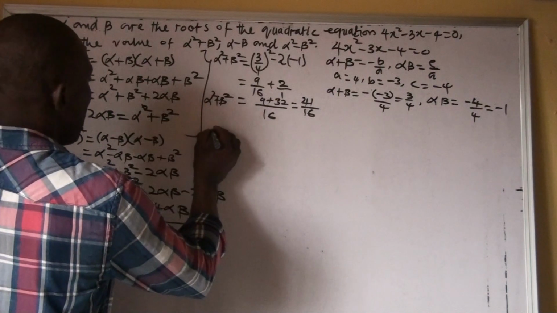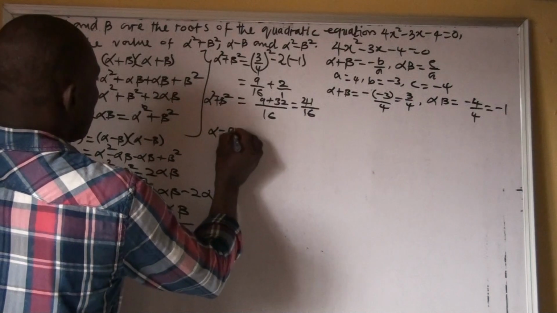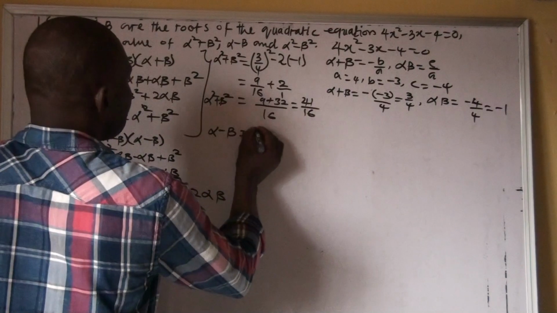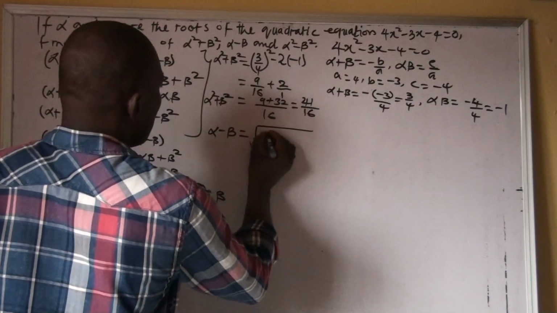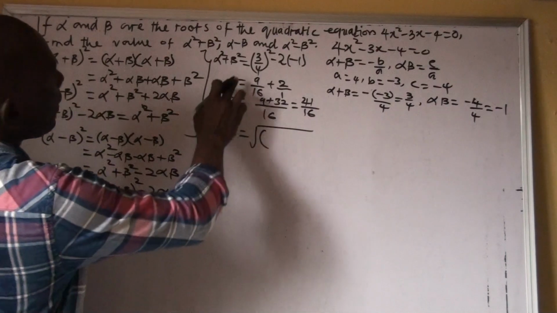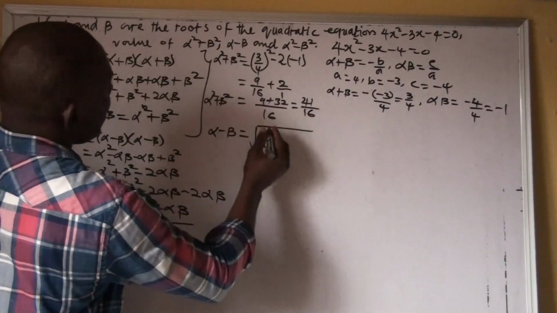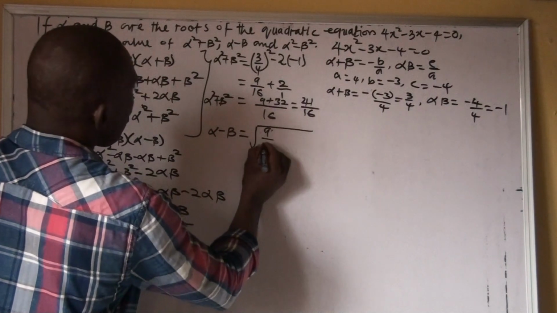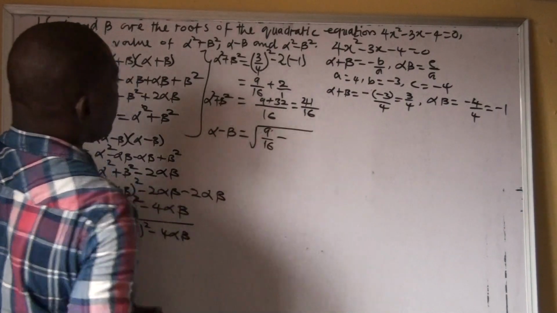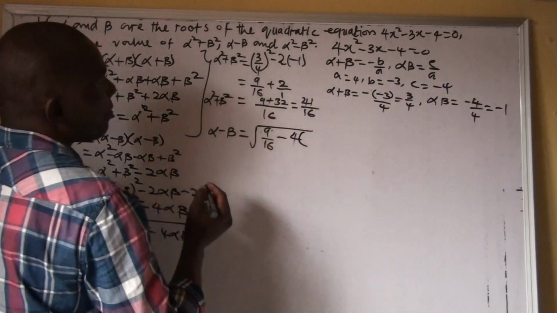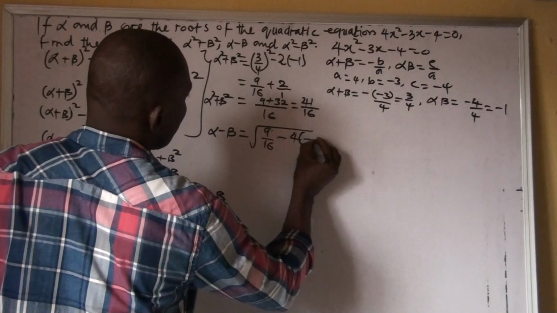So we come here, alpha minus beta will be the square root of alpha plus beta square, which is 9 over 16, minus 4 bracket alpha beta, and alpha beta is minus 1.